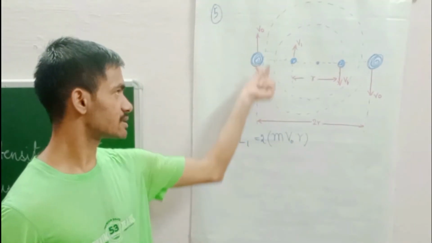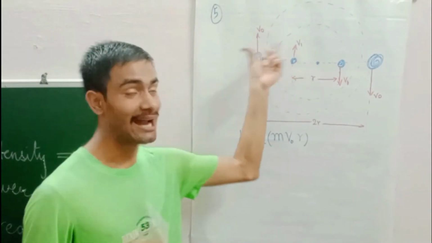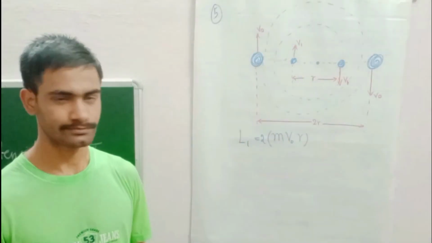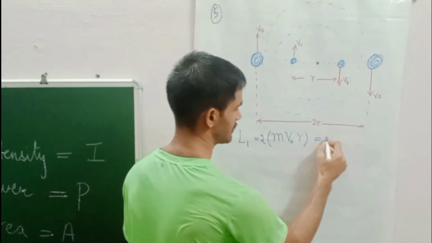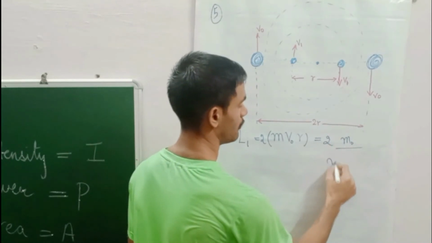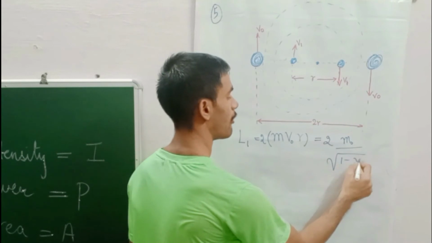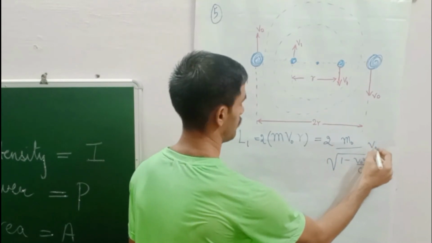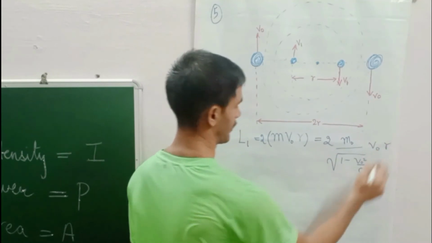V naught is the velocity at that time, m is the mass at that instant, r is the distance from their center of mass. So this can simply be m naught times root over 1 minus v naught square upon c square, into v naught into r.